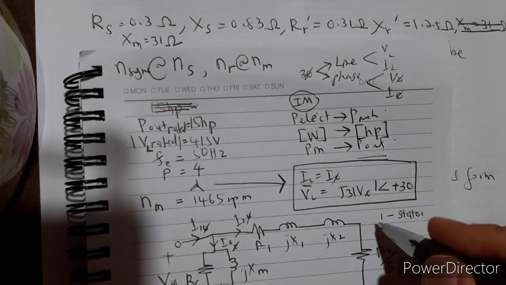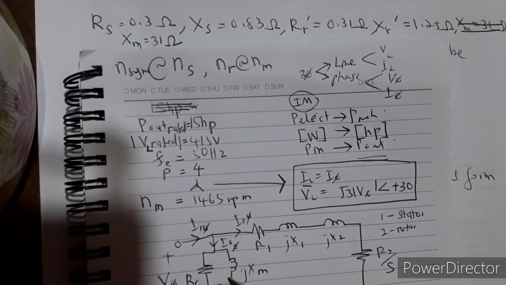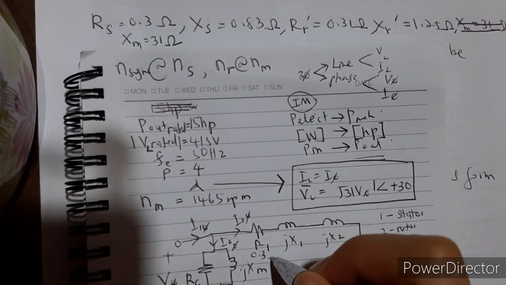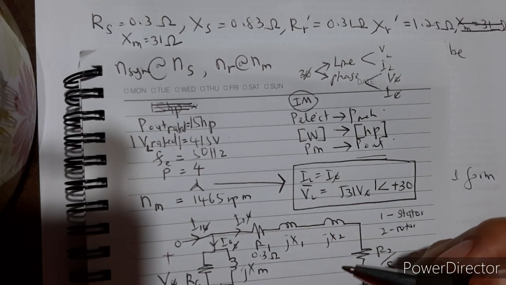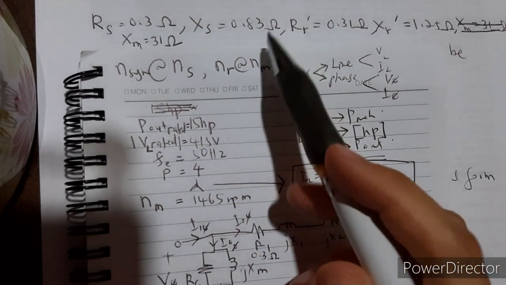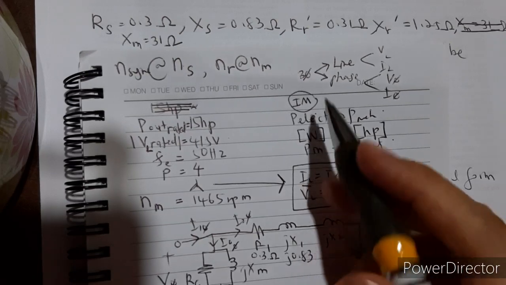So 1 is referred to the stator, 2 is referred to the rotor. So R1 equals RS, that is 0.3 ohm. XS is 0.83, that is j0.83 here.